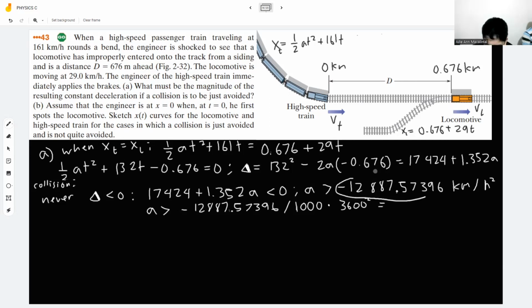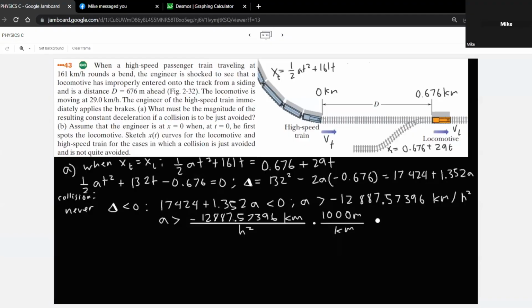Isn't this your acceleration? Okay, so how do you convert that? Write it in fraction form, so it's easier to track the conversion. Let me show how to convert. So 1,000 meters per kilometer, right? So the units cancel. The hour squared, to cancel, you need to square it.